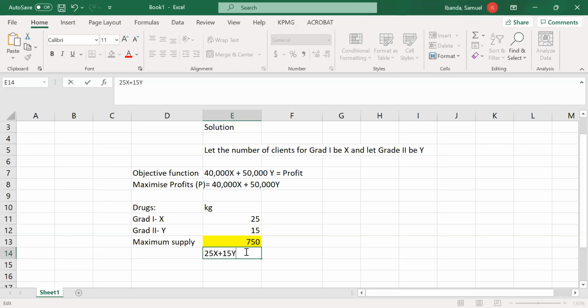So it should be less or equal to, okay? So I'm going to use my sign here.